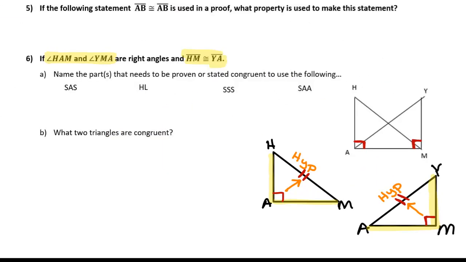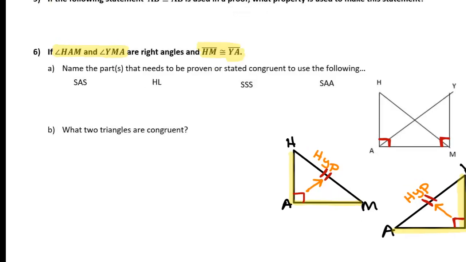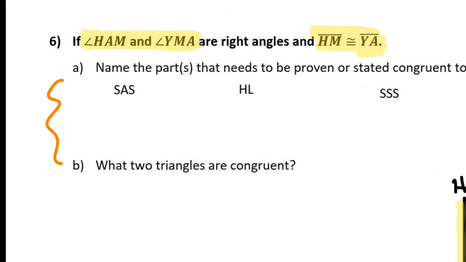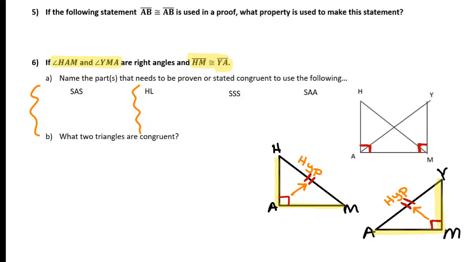If I wanted to use side, angle, side to show that these two triangles are congruent to each other, there's a couple different ways I could do this. We'll come back to this one. Hypotenuse leg is a little bit easier because we already have identified our hypotenuse, right?